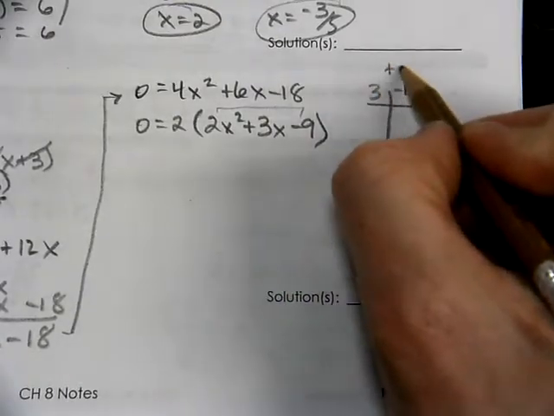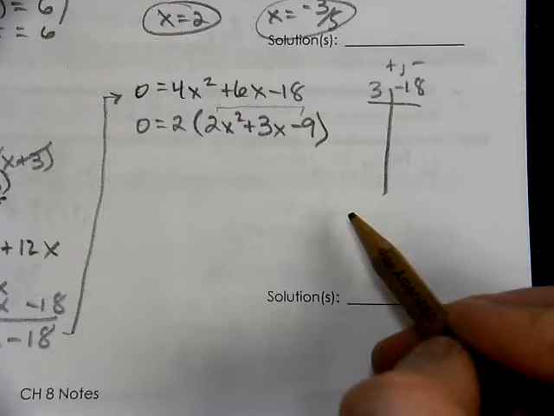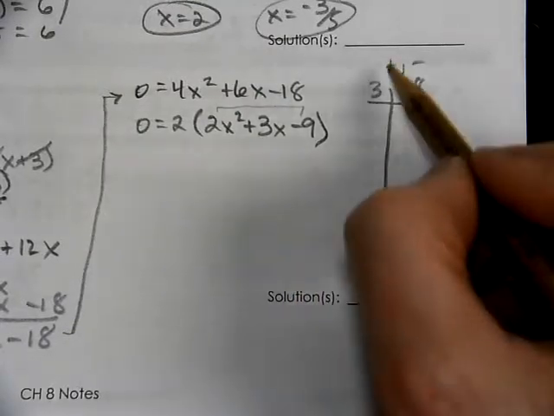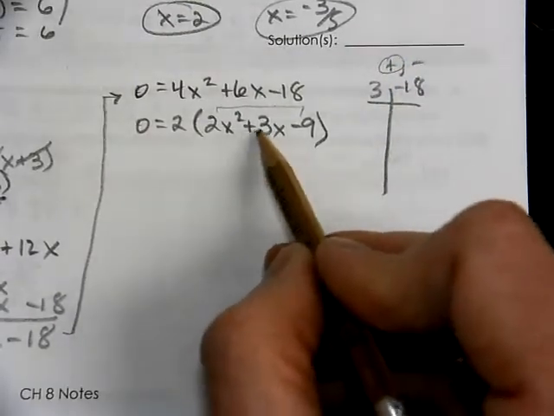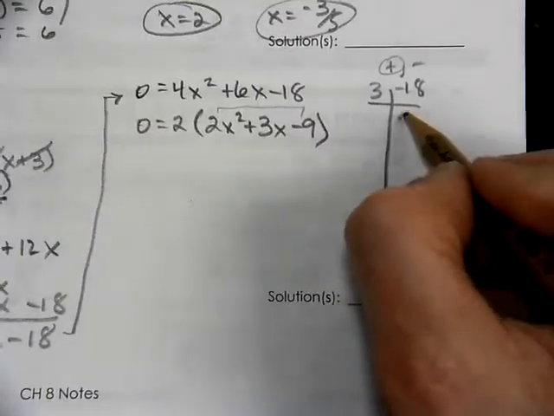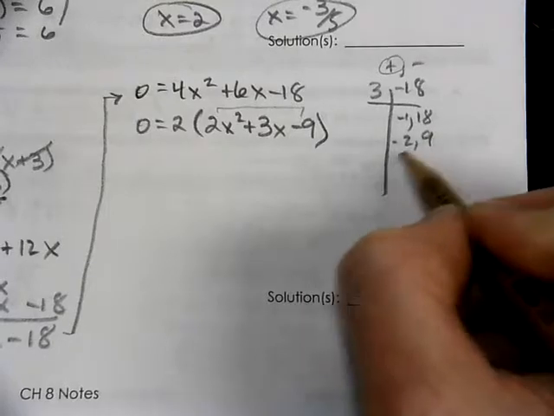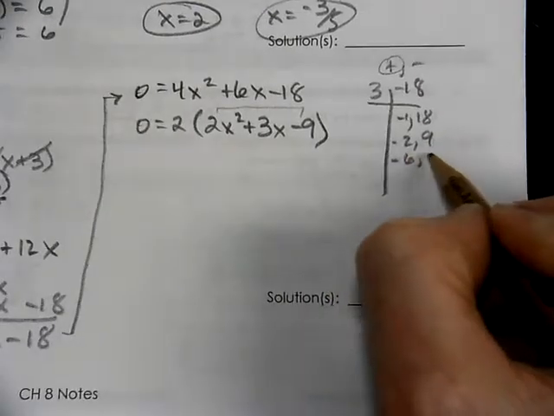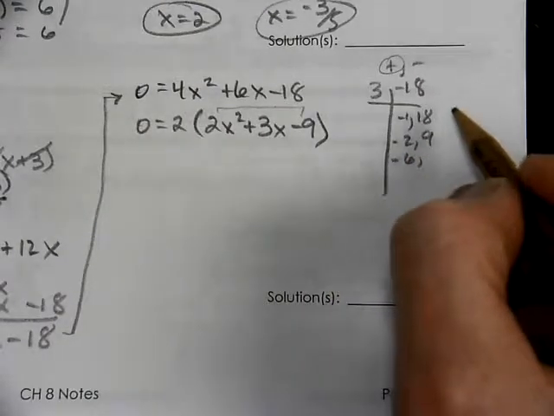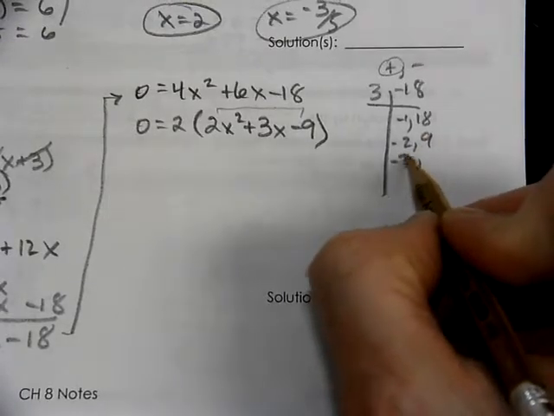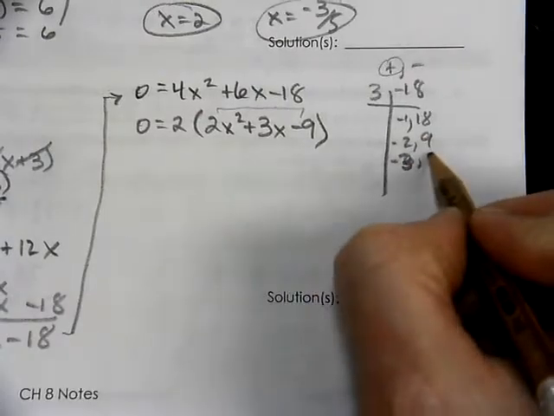You know that the two signs have to be different to multiply to be a negative, but the largest one has to be positive this time because the middle term is positive. So negative 1 and 18. Negative 2 and 9, negative 3 and 6.